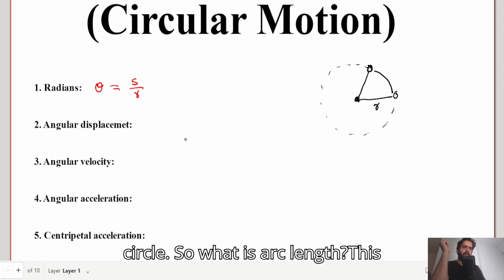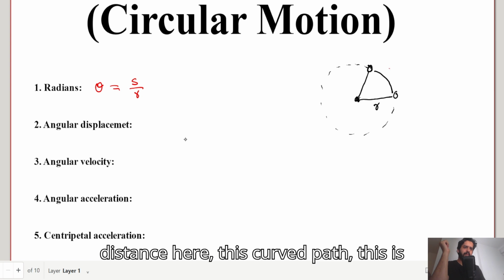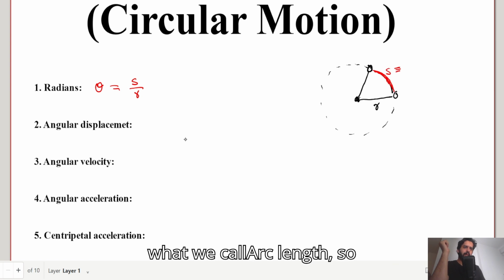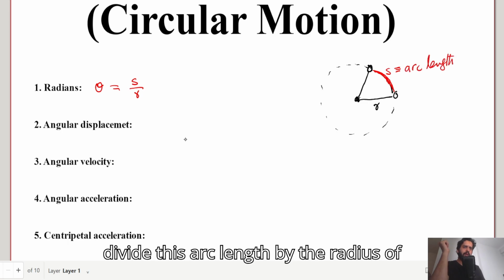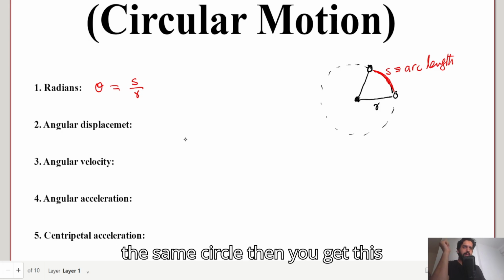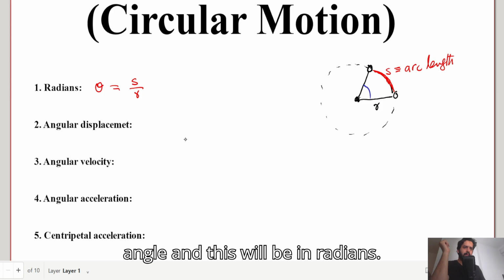So what is arc length? This distance here, this curved path, this is what we call arc length. And if you divide this arc length by the radius of the same circle, then you get this angle, and this will be in radians.